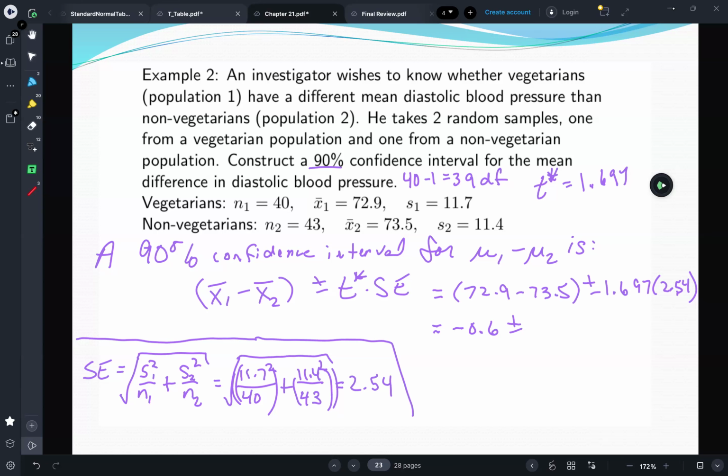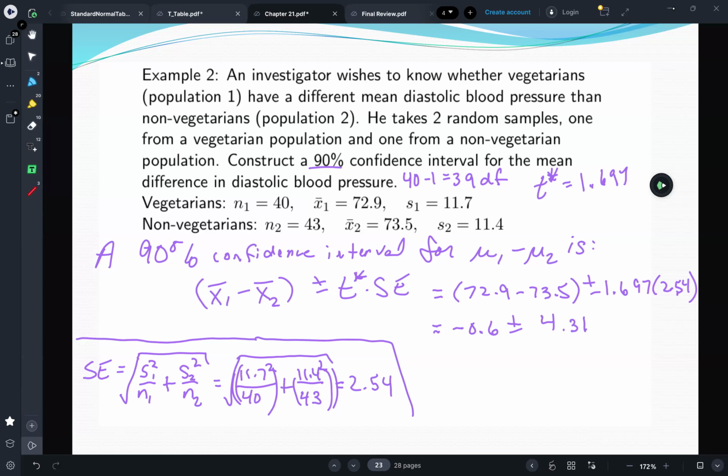You can see because we took the vegetarians and subtracted the non, it looks like the vegetarians are lower because of the order we did that in. And so we can go 1.697 times 2.54, which is 4.31.